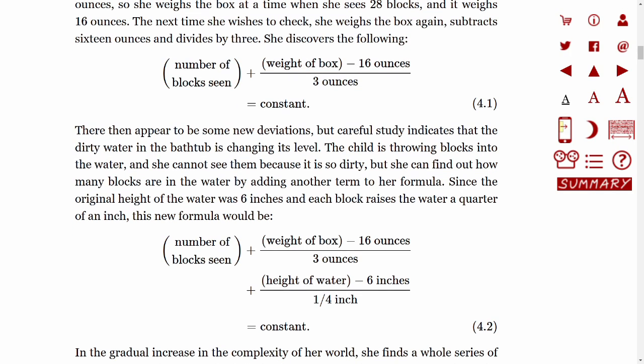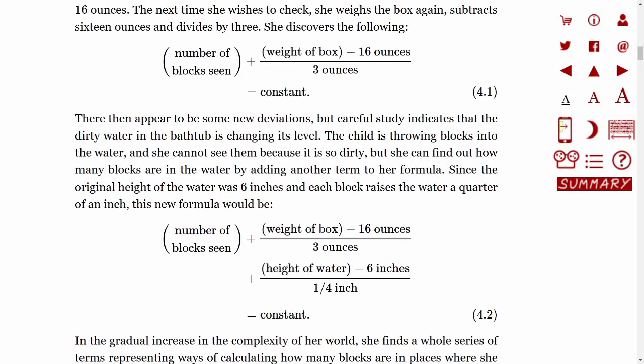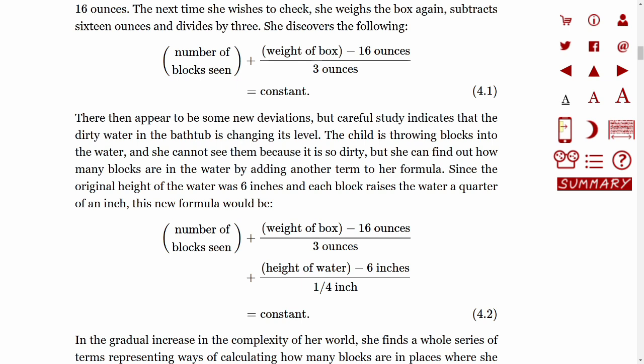Since the original height of the water was 6 inches, and each block raises the water by 1/4 of an inch, this new formula would be number of blocks seen plus weight of box minus 16 ounces divided by 3 ounces plus height of water minus 6 inches divided by 1/4 inch is constant.